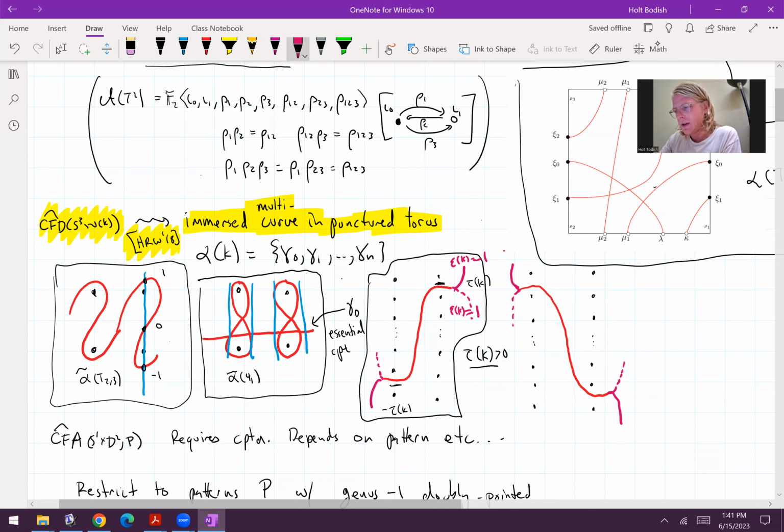So if I know tau and epsilon, I know partially the shape of this immersed multi-curve, at least how it looks outside of a neighborhood of lift of the base points. And from work of Hanselman, Rasmussen, Watson, they show that any other component of the immersed curve is contained in a neighborhood of the base points. So it's localized here.